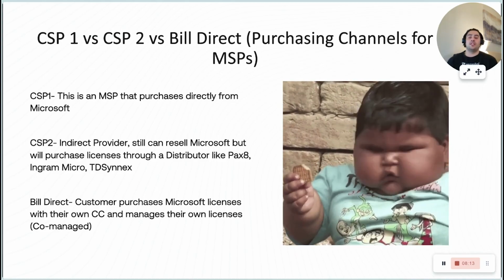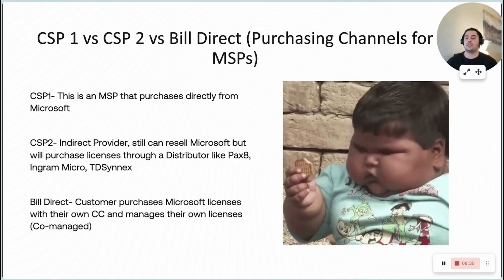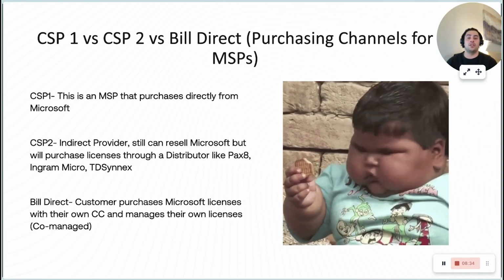CSP2 is where I always said 95% of the MSPs in the market will live. And this is going to be purchasing through an indirect provider or indirect reseller. So an indirect provider is what you would call yourself as a CSP2. You'd still be able to resell Microsoft, but you're just going to be purchasing through a distributor like Pax8, Ingram Micro, TD SYNNEX, ShareWeb. The list goes on and on and on.